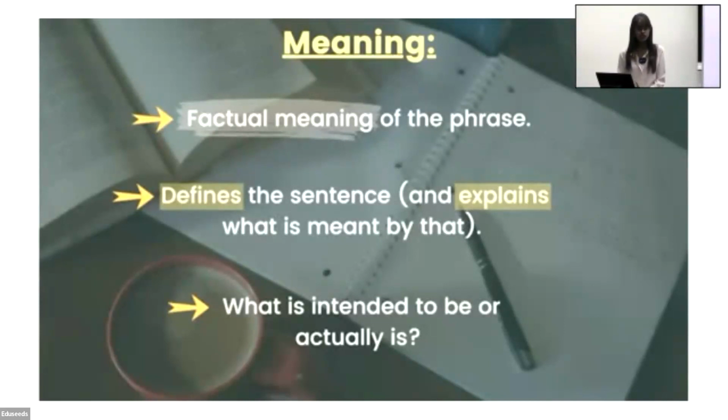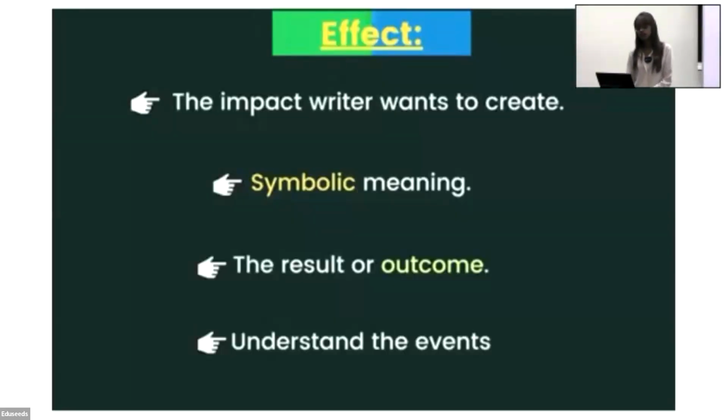The question you need to ask yourself is, what is intended, or what actually is? On the other hand, effect means the impact that the writer wants to create. What is the writer trying to create using the phrase they have given? What is the symbolic meaning, or the result, or the outcome? You need to understand the events first.